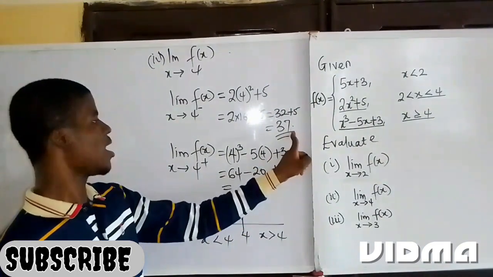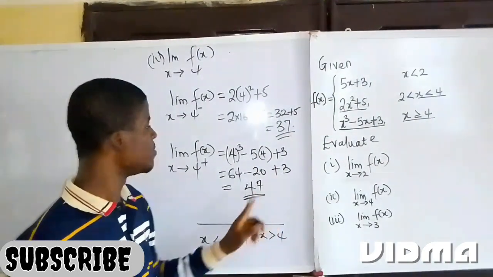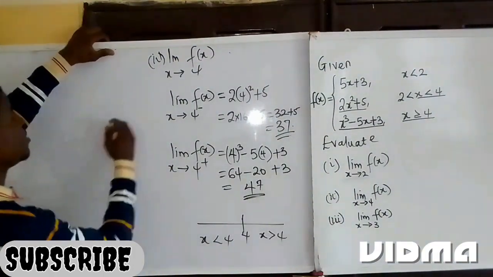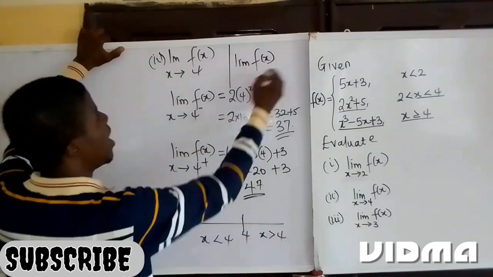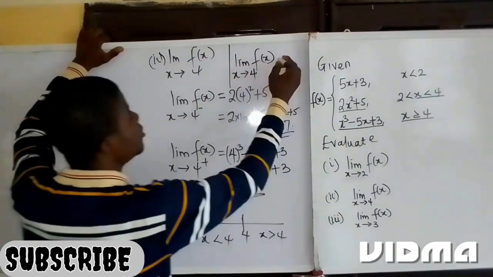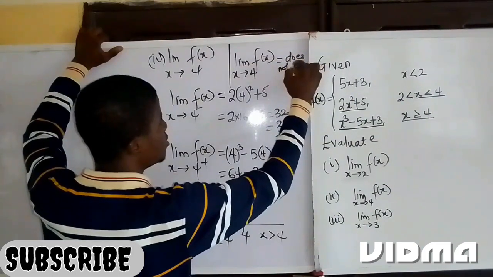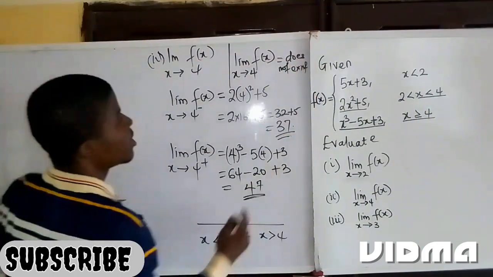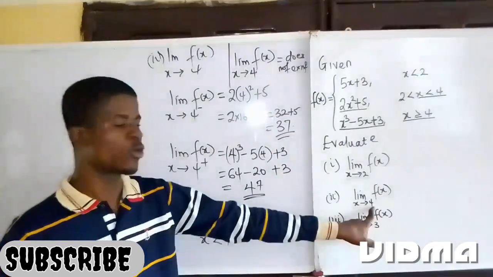Both left and right hand limits are not equal. It means that the limit of f of x as x approaches 4 from either side does not exist. That is to say, there is a discontinuity at the point x equal to 4.